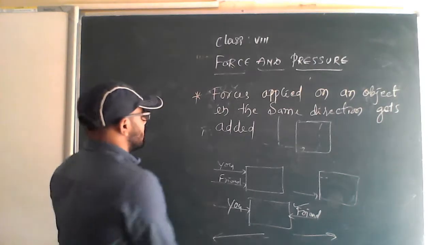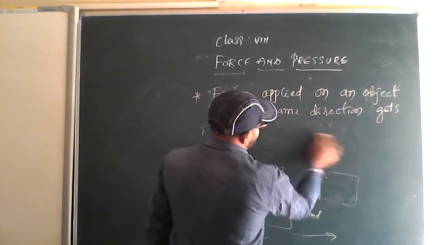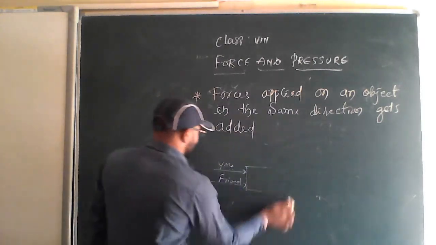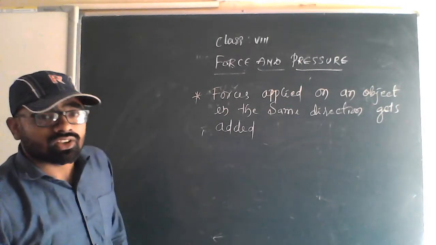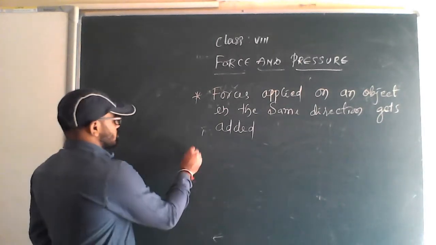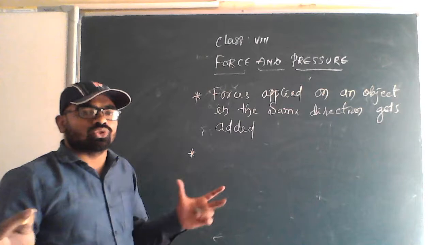If the forces applied on an object are in the same direction, they will become added. The net force is the addition of those two forces. Net force means total force.